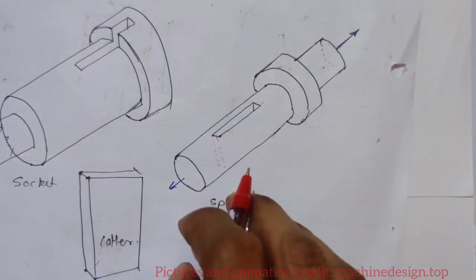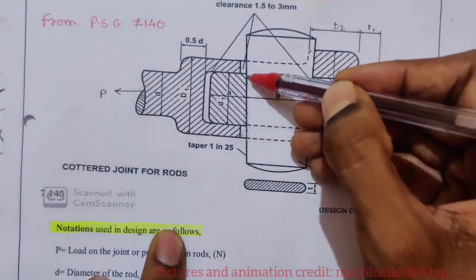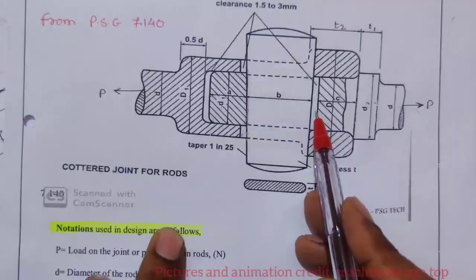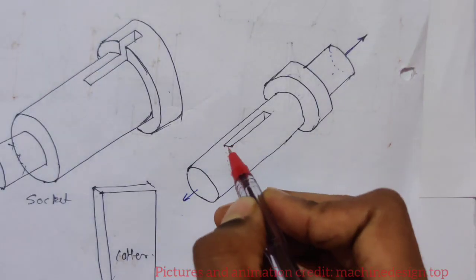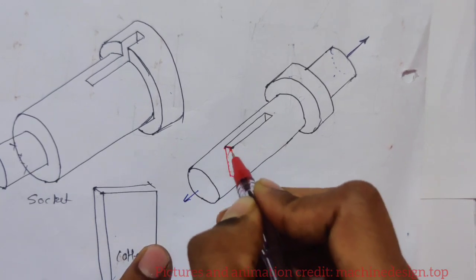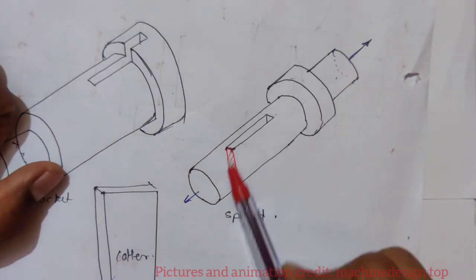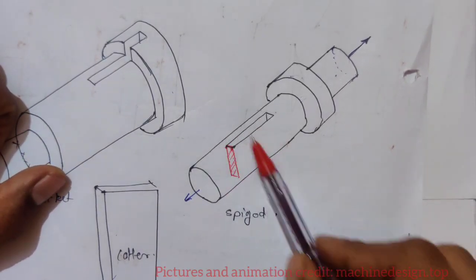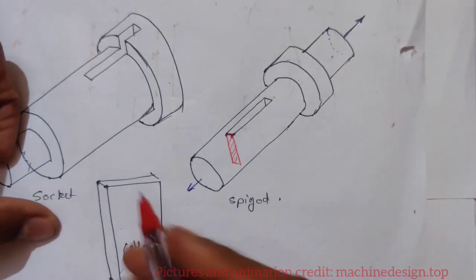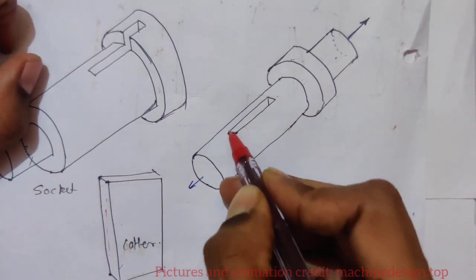If you remember the diagram, only one side of the Cotter is touching the spigot and on one side there is a clearance. So this side face will be in contact with the Cotter. They are not rotating or having relative motion, so we will call it crushing stress. This side of the Cotter is in contact with the spigot.